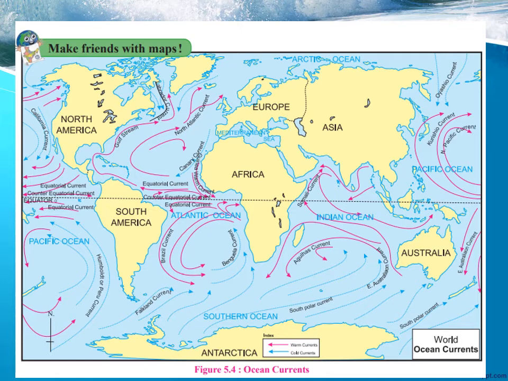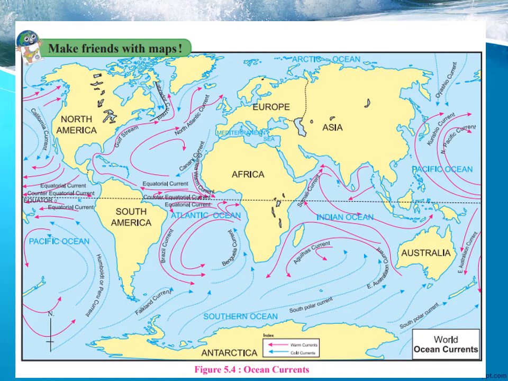What do you call the currents flowing from the equator to the poles? The currents flowing from the equator to the poles are called warm currents.